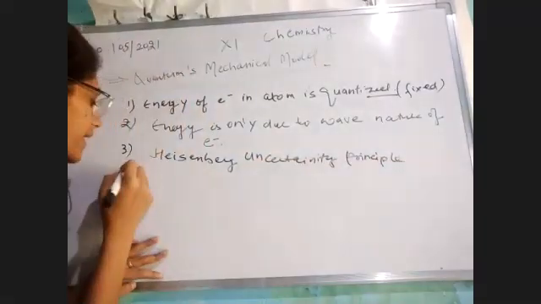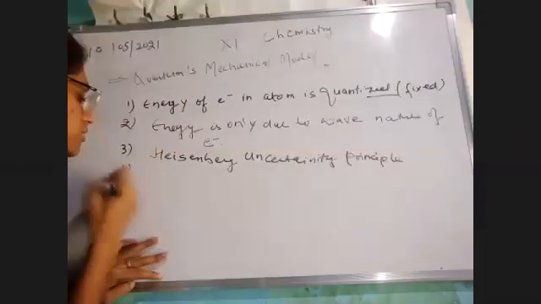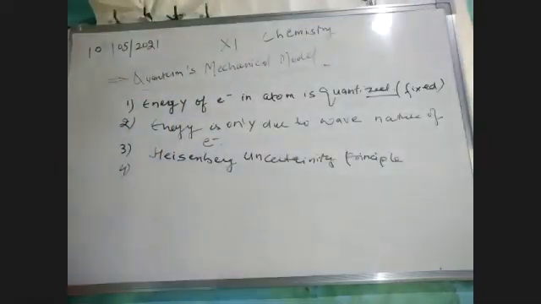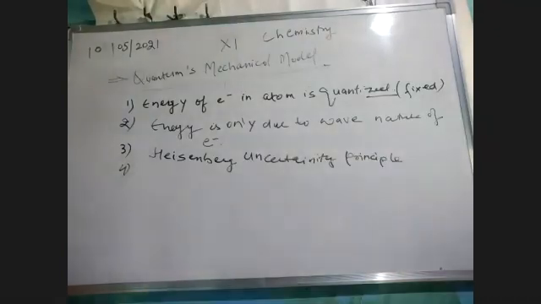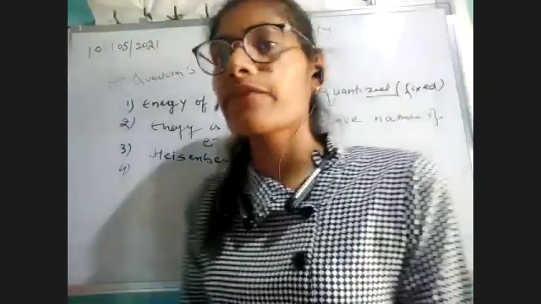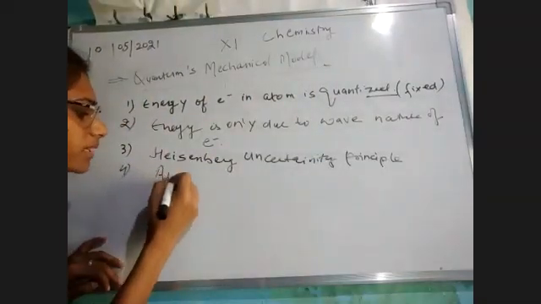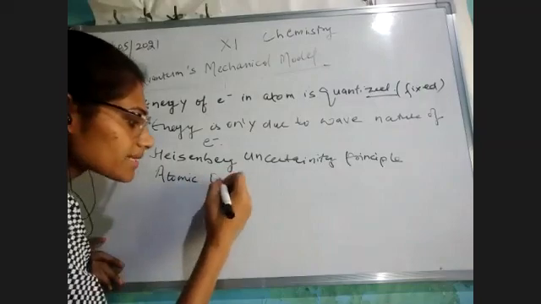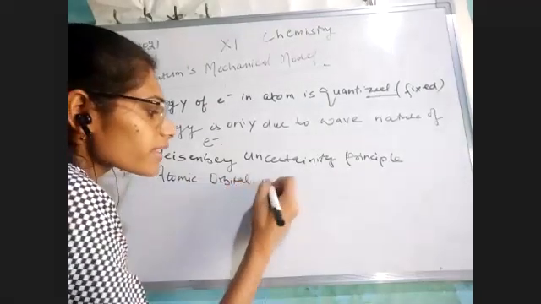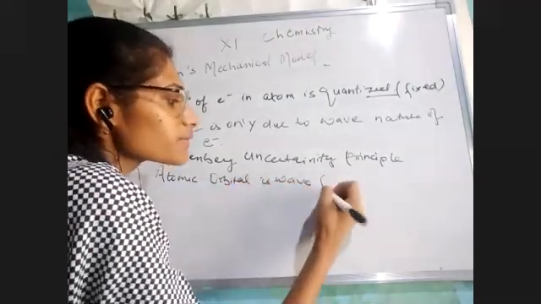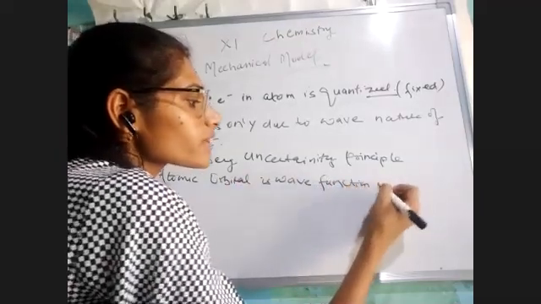Fourth point, he told us there is an atomic orbital which is a wave function psi for an electron. So he told us an atomic orbital is a wave function of psi.